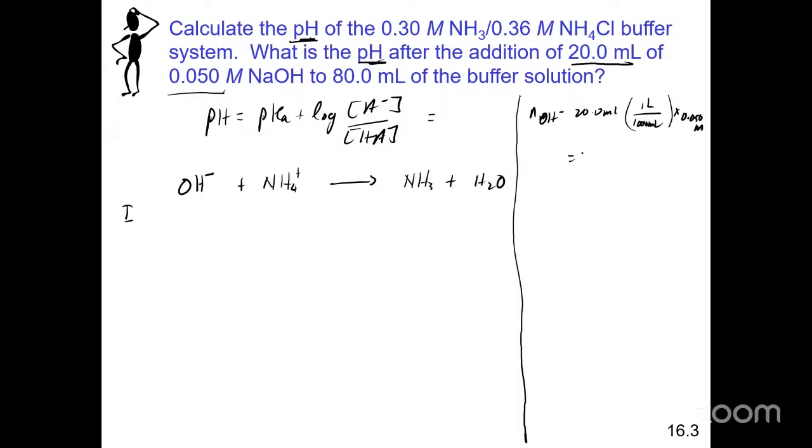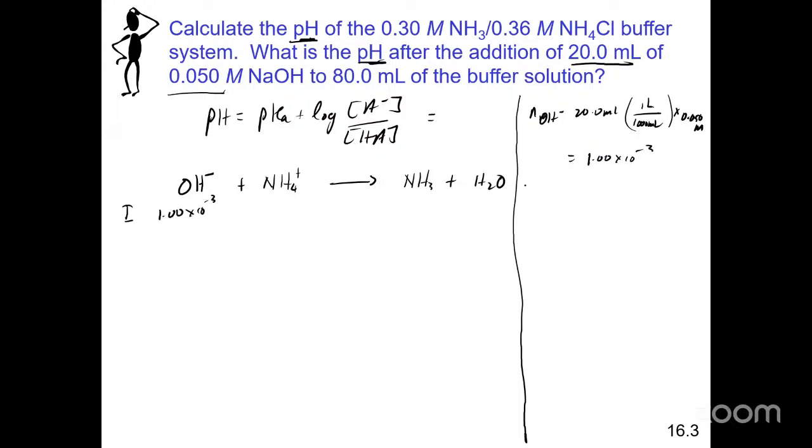So when we do that calculation, 20 times 10 to the minus 3 times 0.050, the answer I got is 1.00 times 10 to the minus 3. So that would be the moles of sodium hydroxide that you're going to have initially right here, 1.00 times 10 to the minus 3, right?